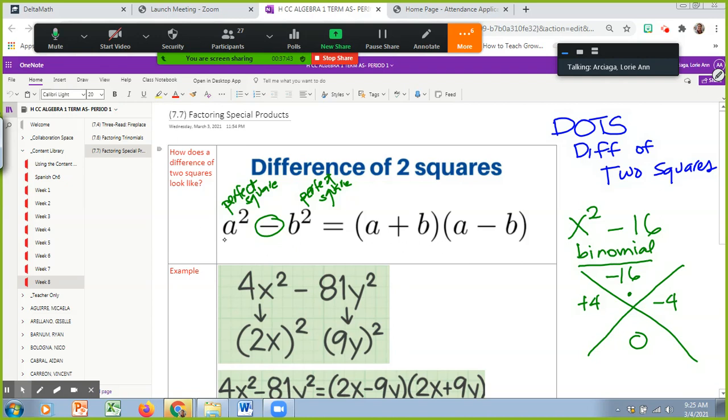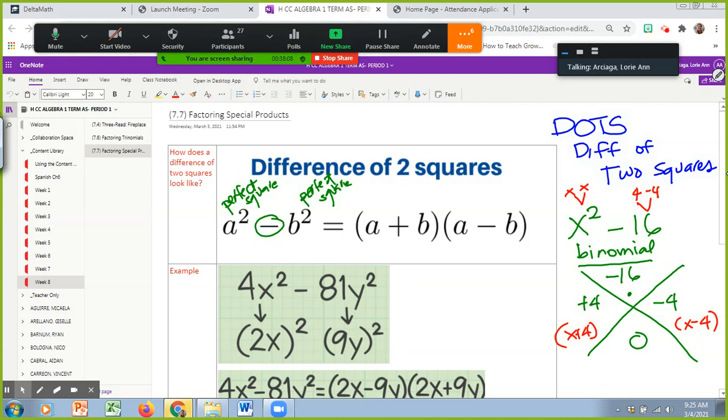You break that apart into x and x, and that one into 4 and negative 4. So when you write down the factors, it's going to be x plus 4 and x minus 4. Does that make sense?